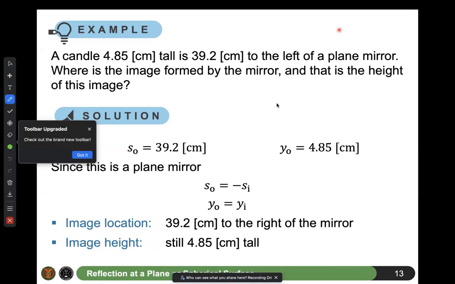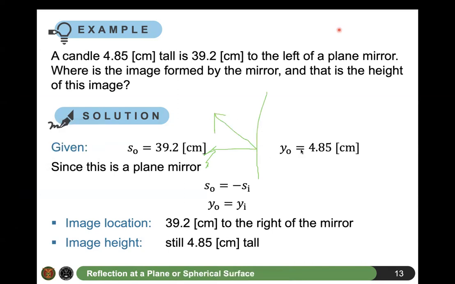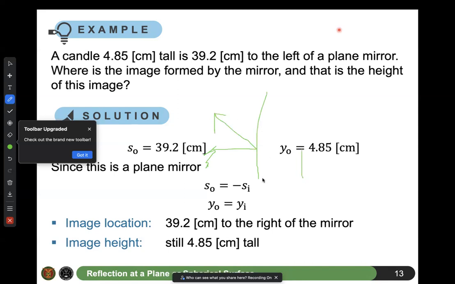Okay? So kung ito yung mirror natin, right? Ito yung object, may object tayo dito. Nag-reflect. Okay? Nag-reflect. So yung image na na-form, nandito siya. So ito yung S_i, magnitude ng S_i, image distance, right? Pero yung sign niya, negative kasi alam natin na nandito yung outgoing ray.